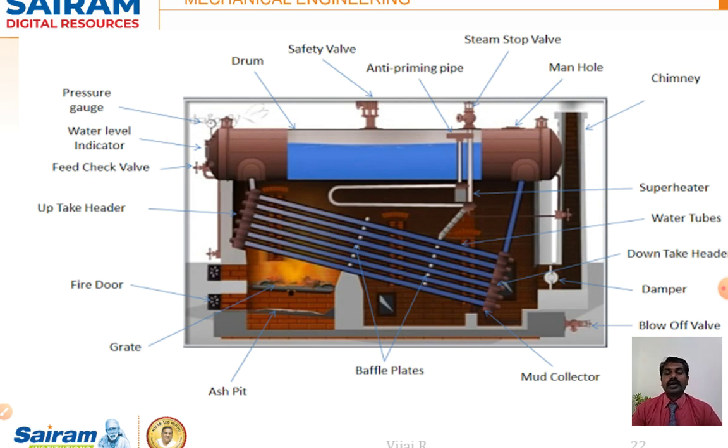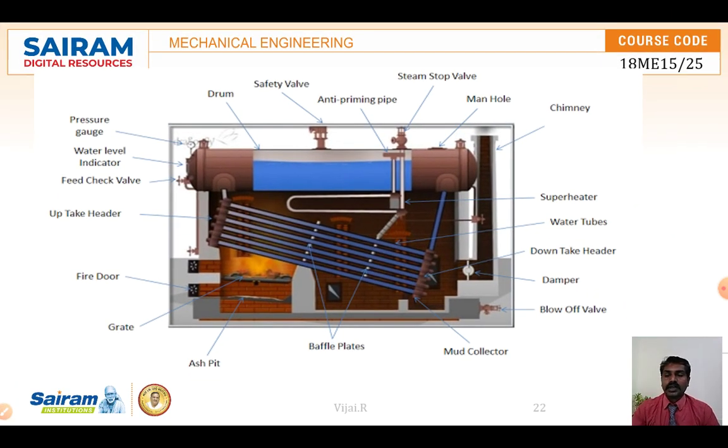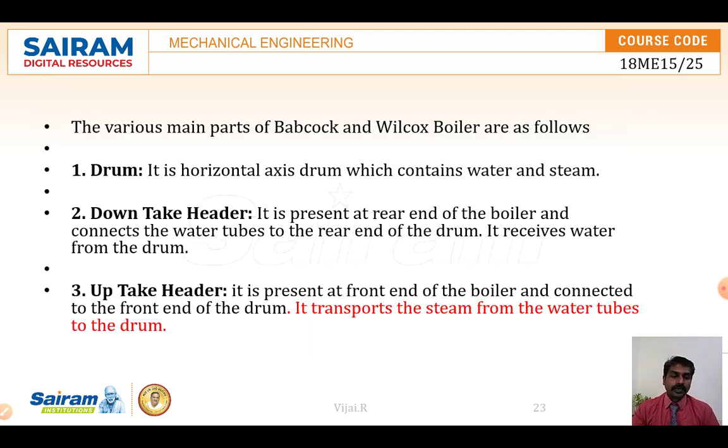There are also a pressure gauge and a water level indicator. These help bring the steam to the turbine through pipes, so that it hits the turbine and rotates it.